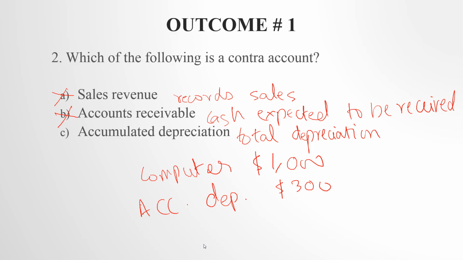The value of the computer, the net asset value for this computer, will be reduced to $700. $1,000 minus $300. Accumulated depreciation reduces the value of the computer, an asset in this case, and is a contra account.